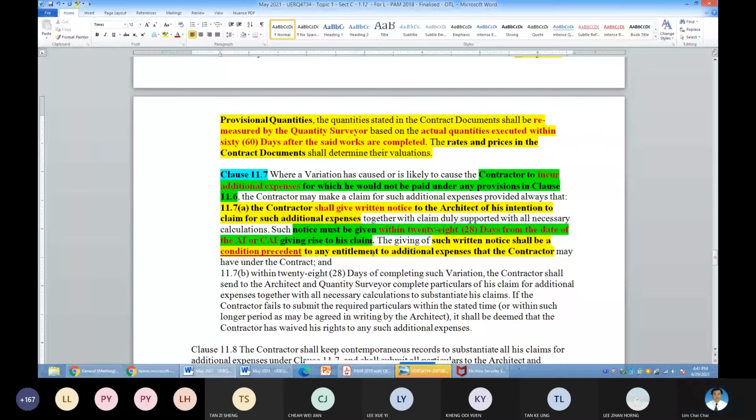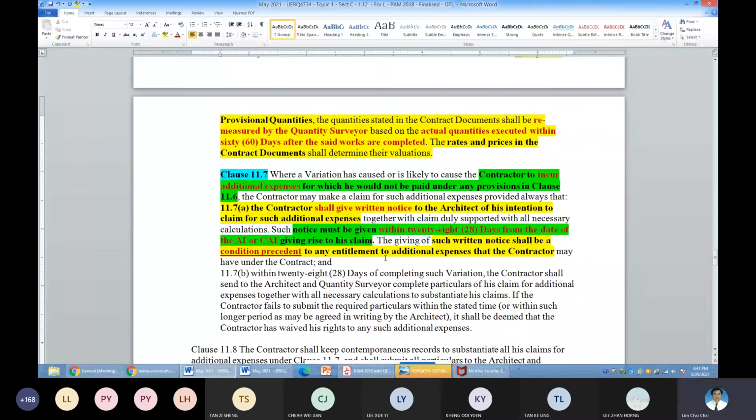Repeat, the rights under PAM 2018 are your contractual rights. If any party doesn't follow the procedures as written under the contract, their rights would be extinguished contractually. It is different from your common law rights. Common law rights are different. You look at your Limitation Act.